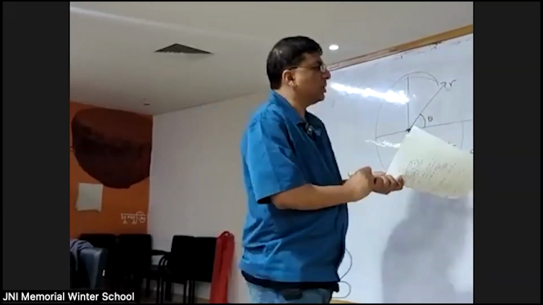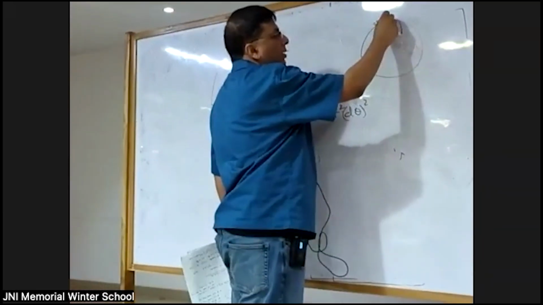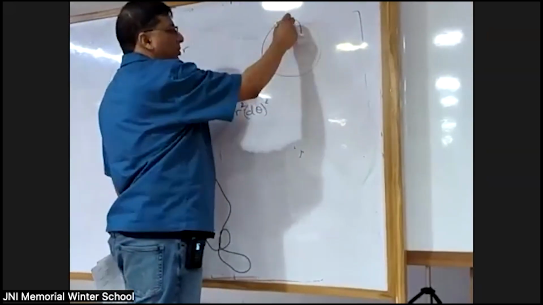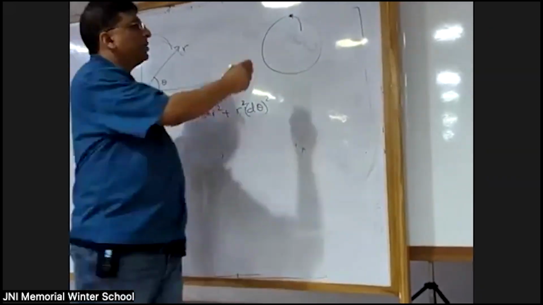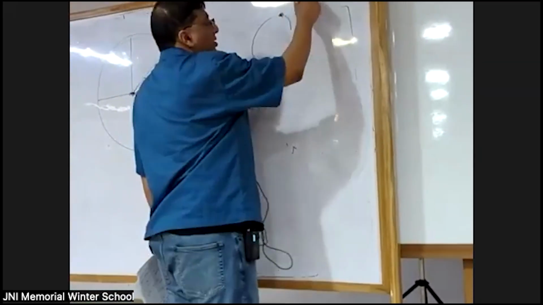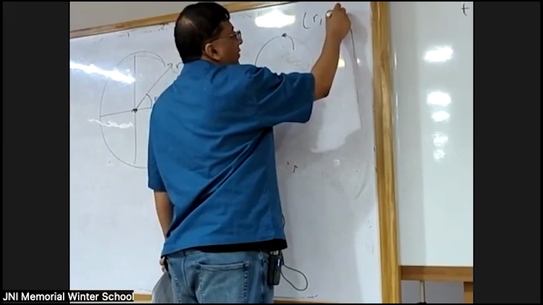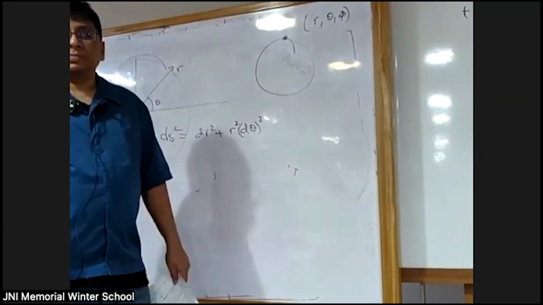Another common example is at the North Pole. This point is not uniquely labeled by a coordinate system, which is r, theta, and phi, because this can have many different values of phi, right?